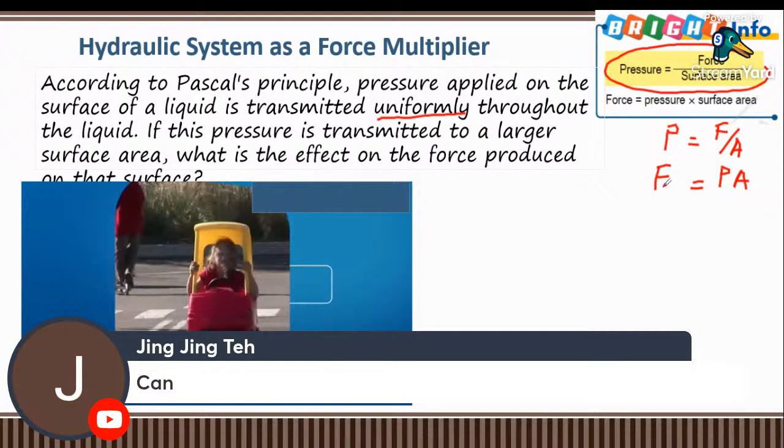Pressure equals F over A. Thus, force equals pressure multiplied by area. If the area increases, the force produced also increases.